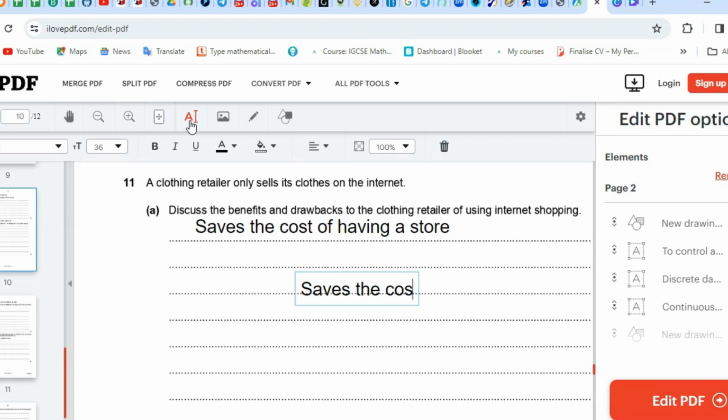And the third one is that it saves costs as less staff are required.